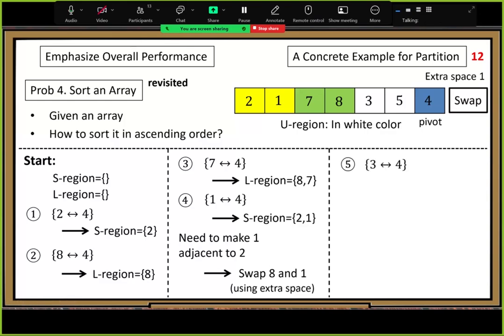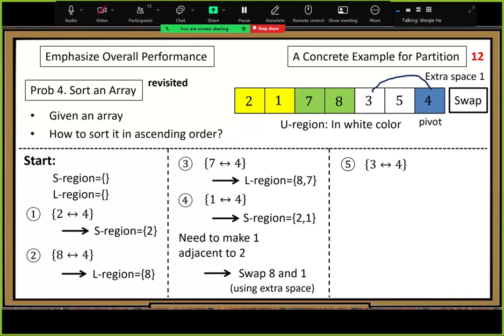All right, step number 5. Now, these 3 elements in the U region, in white color: 3 and 5. When we process 3, we compare it with the pivot element. Compare 3 and 4.